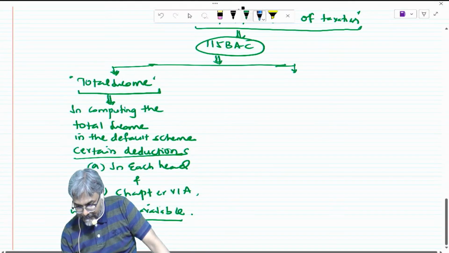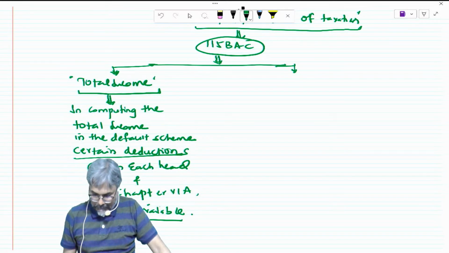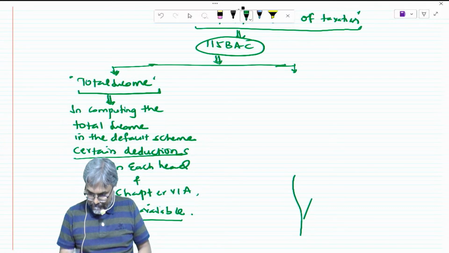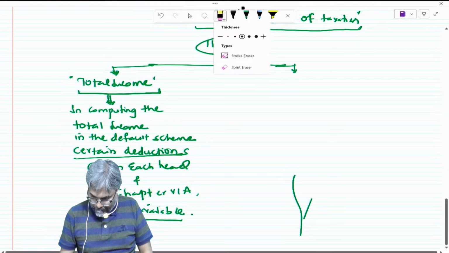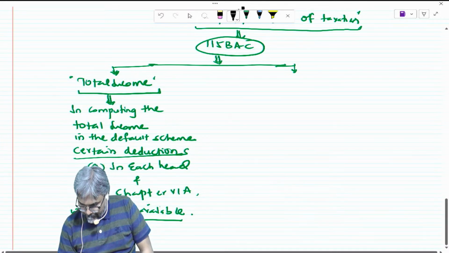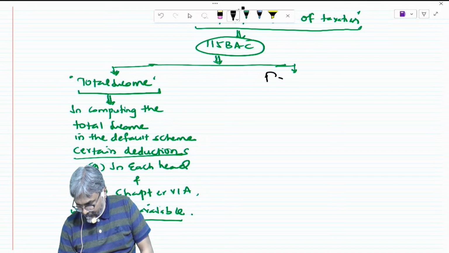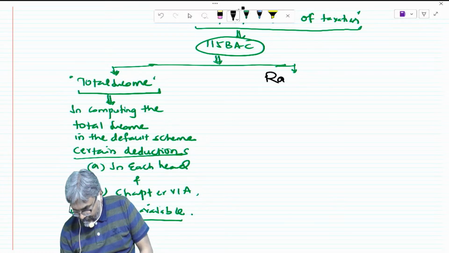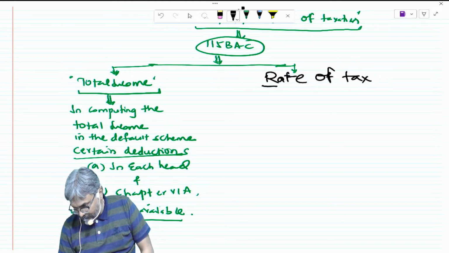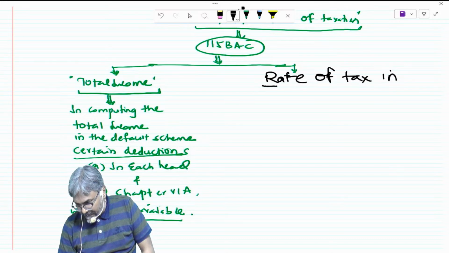Please write. Rate of tax in the default scheme.